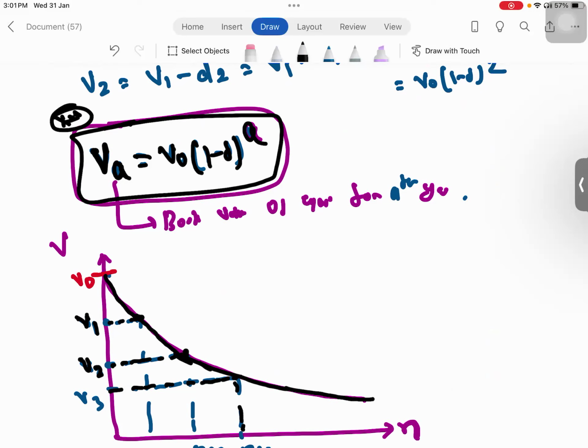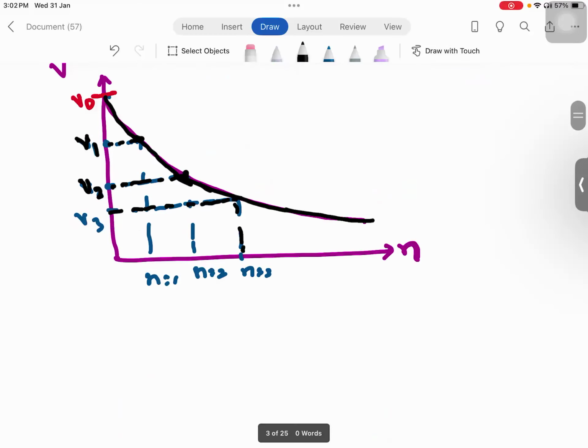If the question is which method will give you more depreciation in the early phase of the equipment, you have to mark the declining balance method, because the slope here is more compared to the straight line method. That's why the declining balance method will give you more depreciation compared to the straight line method.